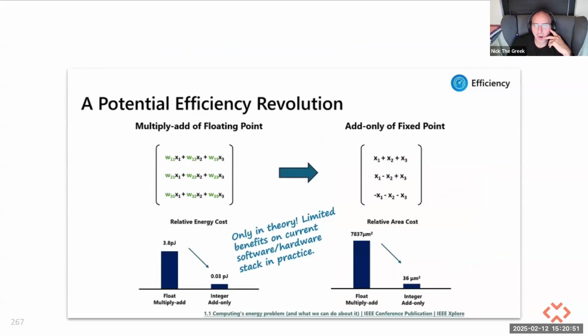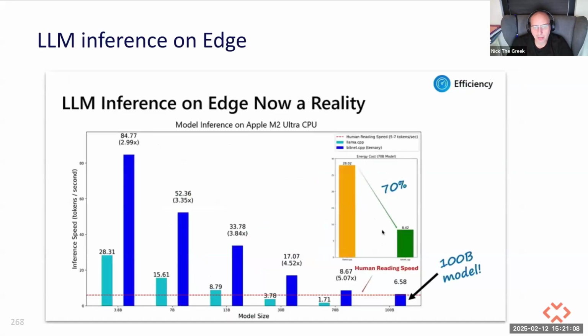That's really well done. And so you can see there's a significant drop in the consumption. And in area cost, look at that, I don't know, 1,000 times, 200 times, something like that, less. And surprisingly, you can see over here, this is the model inference on Apple M2 Ultra CPU.